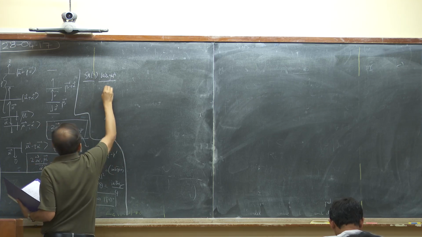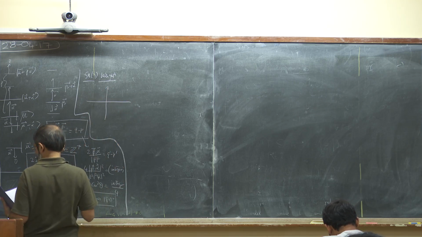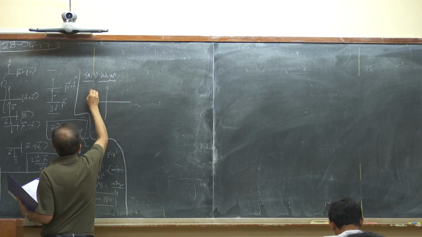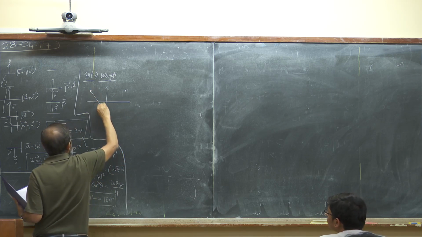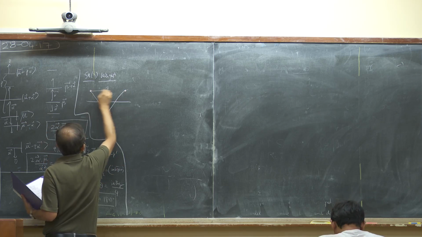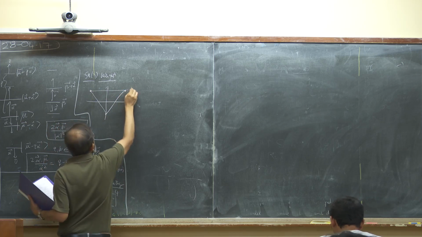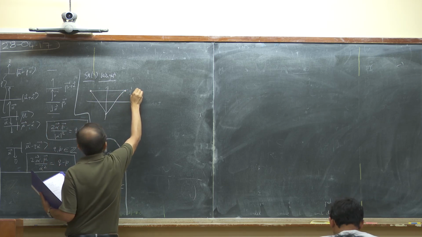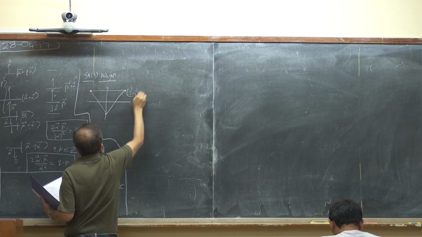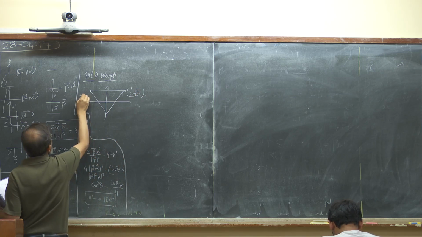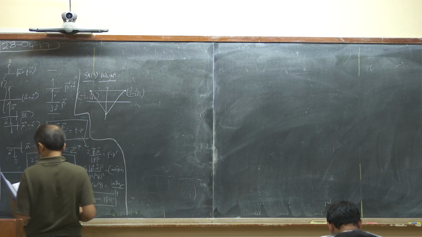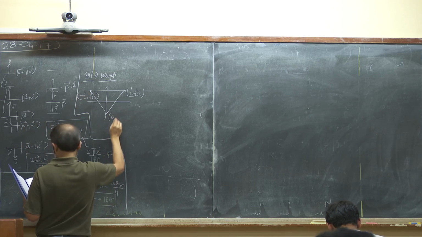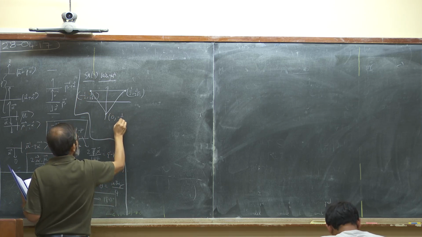They had the structure of some equilateral triangle, and it was half, 1 over 2 root 3, and this was minus half, 1 over 2 root 3. This was just by looking at the Gell-Mann matrices themselves, or the generators.